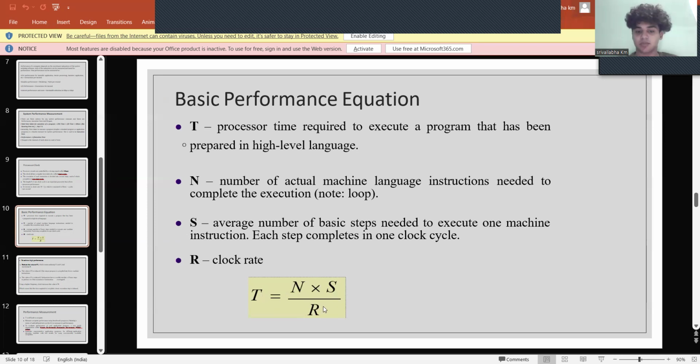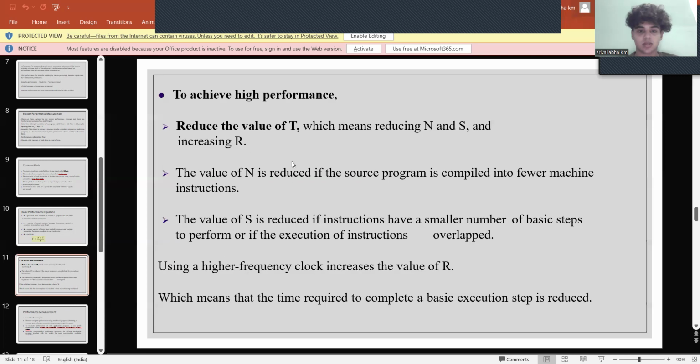T is equal to N into S by R. N and S are in the numerator and R is in the denominator. To reduce the value of T, N and S will be reduced and R will be increased. The value of N is reduced if the source program is compiled into fewer machine instructions.